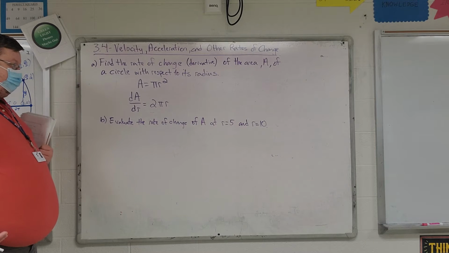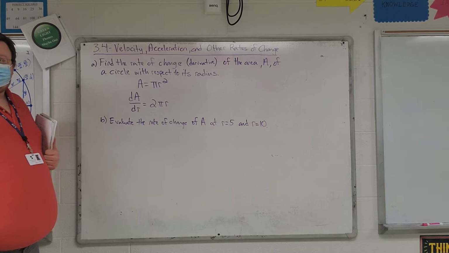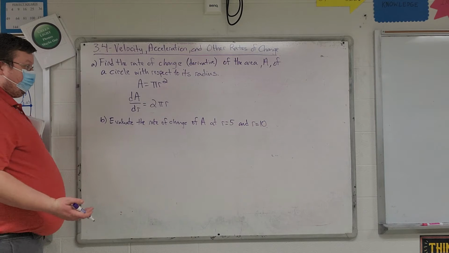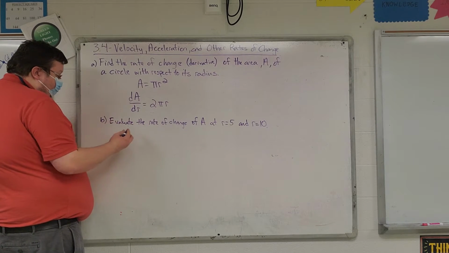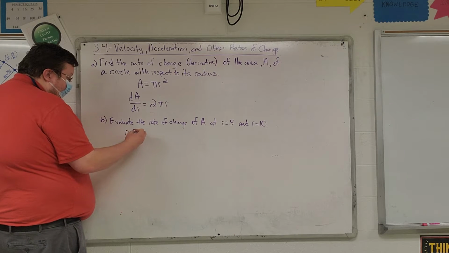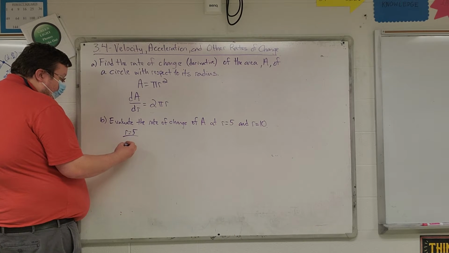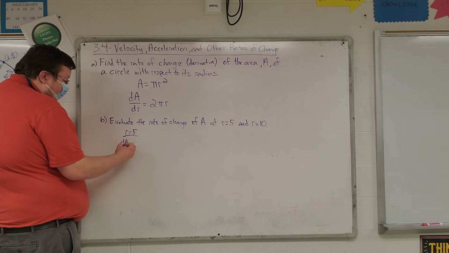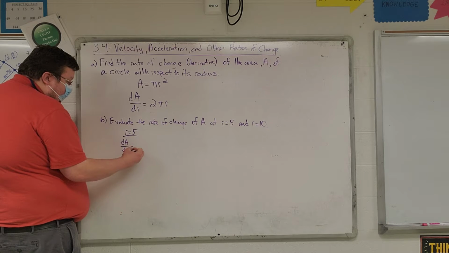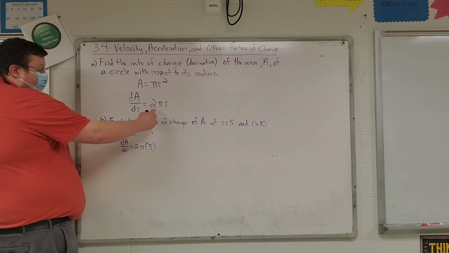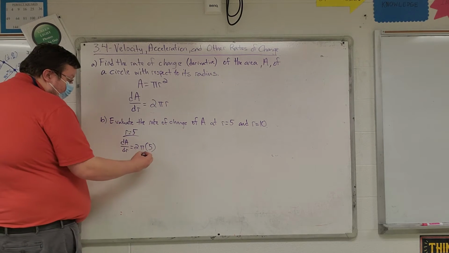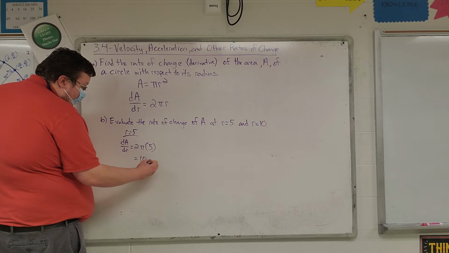Well, if we wanted to evaluate the rate of change, it just needs to evaluate the derivative at these values. So we already have the derivative, 2 pi r. We're going to plug in 5. So at r equals 5, the derivative with respect to r would be 2 pi times 5, which would be 10 pi.